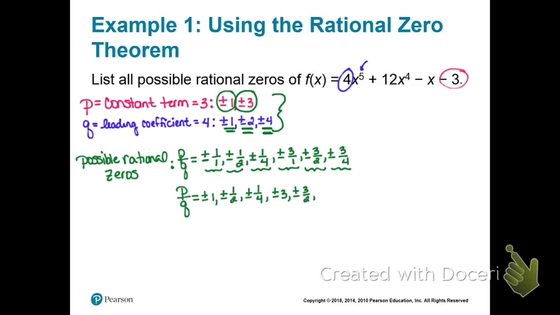And then 3 over 4. And there is your list of possible rational zeros. Doesn't mean they're all zeros, just means that if that polynomial has a zero that's rational, it is in that list.